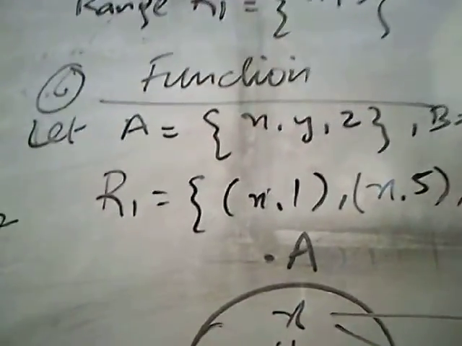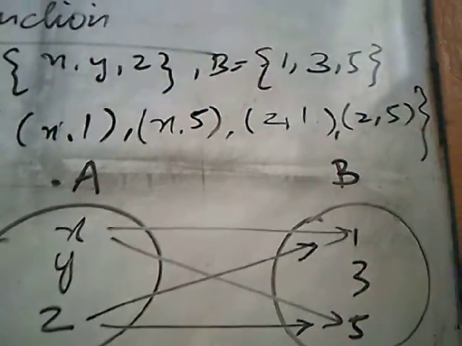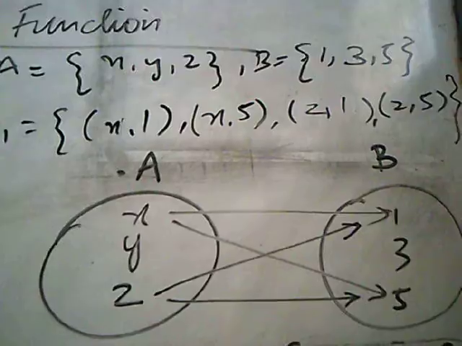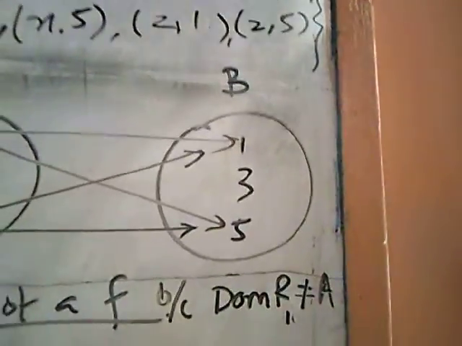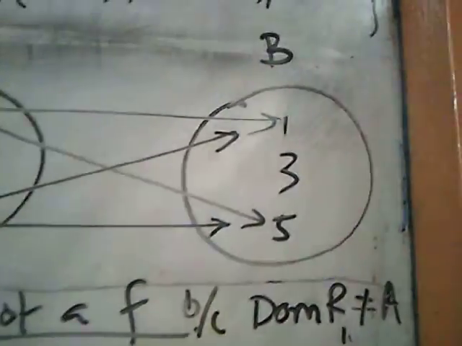The first circle is the set of first elements of binary relation R1, which are x, y, and z, and the other circle is the members of the second set, 1, 3, 5. We are going to map the relation R1 here.